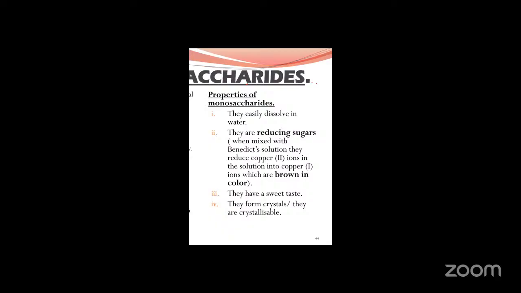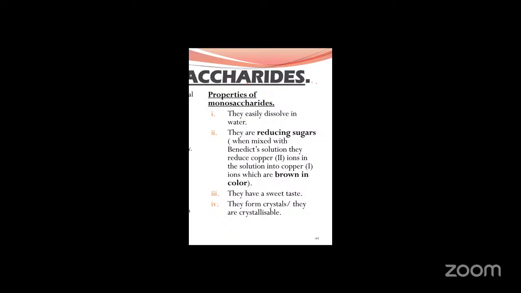So ukiweza pewa anything, wambiwa determine whether it is a monosaccharide, the first thing that you do is to dissolve it in water. And when you dissolve it in water and it dissolves, then that suggests it could be a monosaccharide. So property number one or characteristic number one of monosaccharides, they dissolve in water easily. The other characteristic of a monosaccharide is that they are reducing sugars.